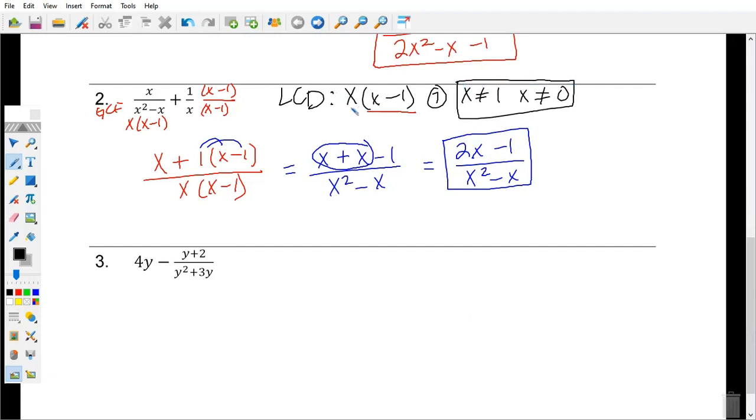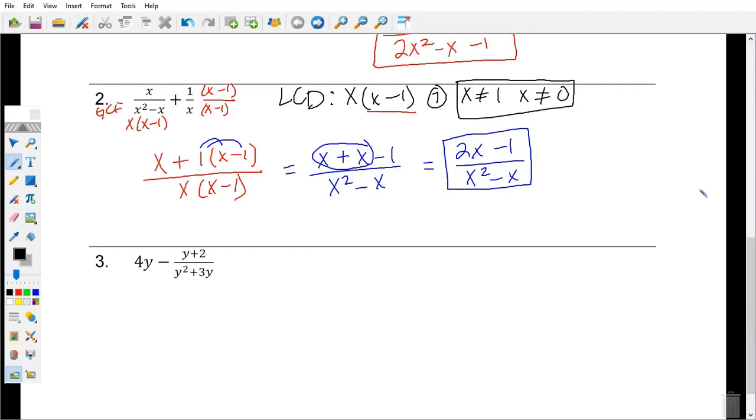Because if I plug in 0, it's going to make everything 0, right? If I plug in 1, then it makes this 0. X cannot equal 0. X is a single factor here. It's a monomial. So that means if x was to equal 0, it would make everything else around it 0. It annihilates everything else.